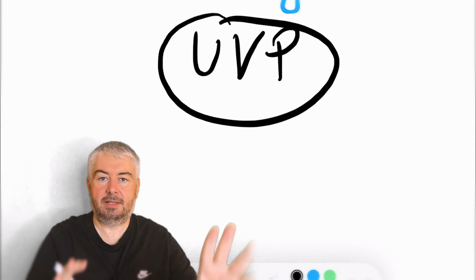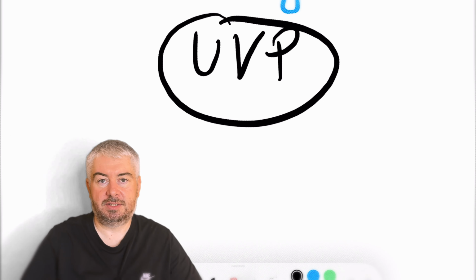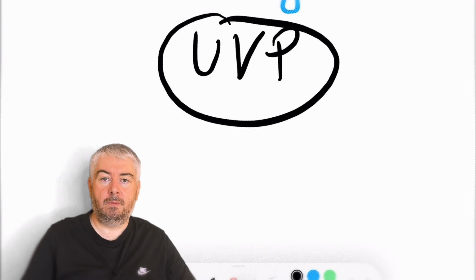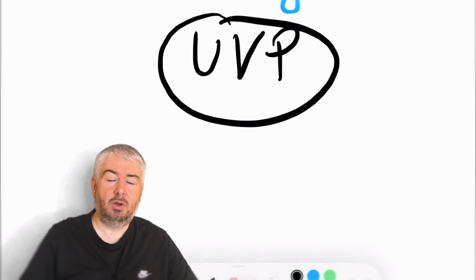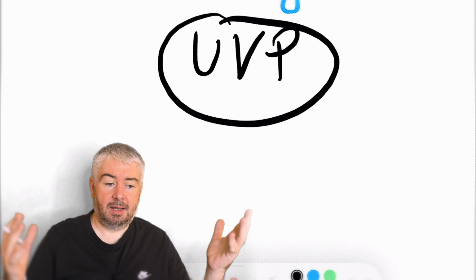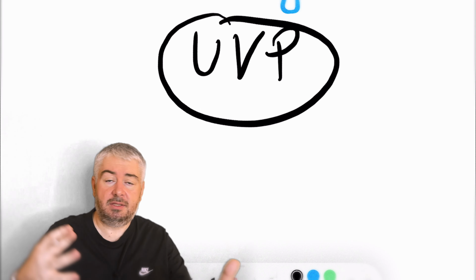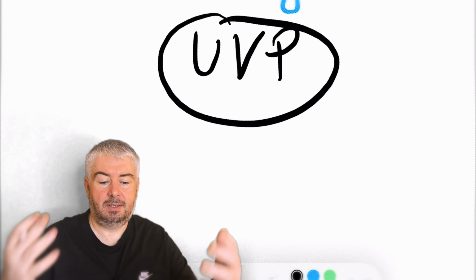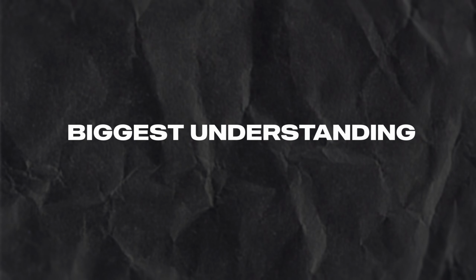And then we created a few avatars, and then started with one, and then slowly, as we grew, we were able to target a few more avatars. But that's really it. A whole lot of conversations. Of course, I did all of the data research and stuff as well, but the biggest understanding came really from those conversations.